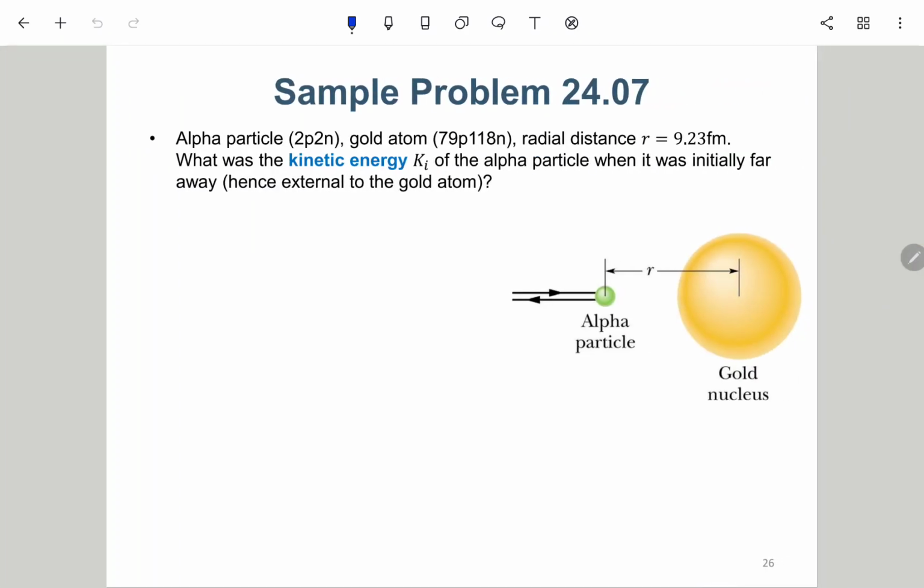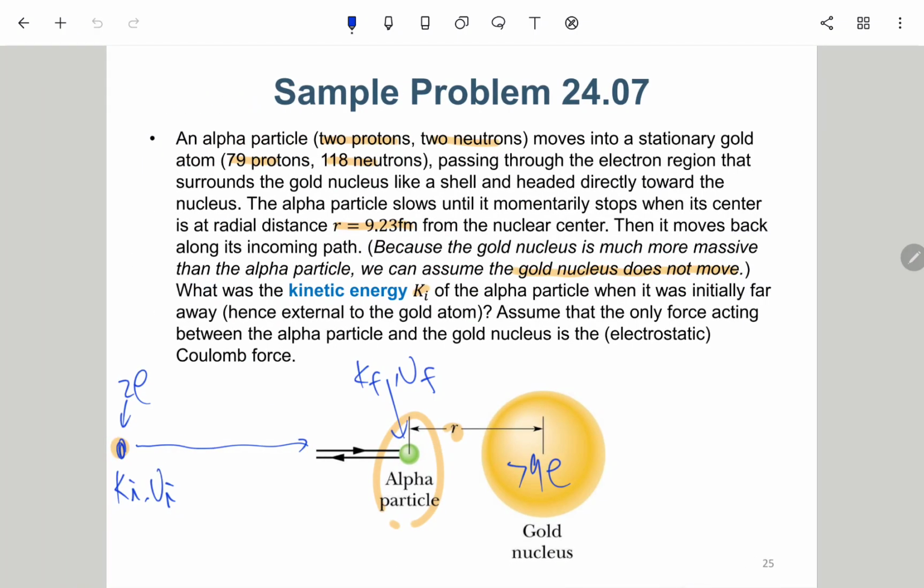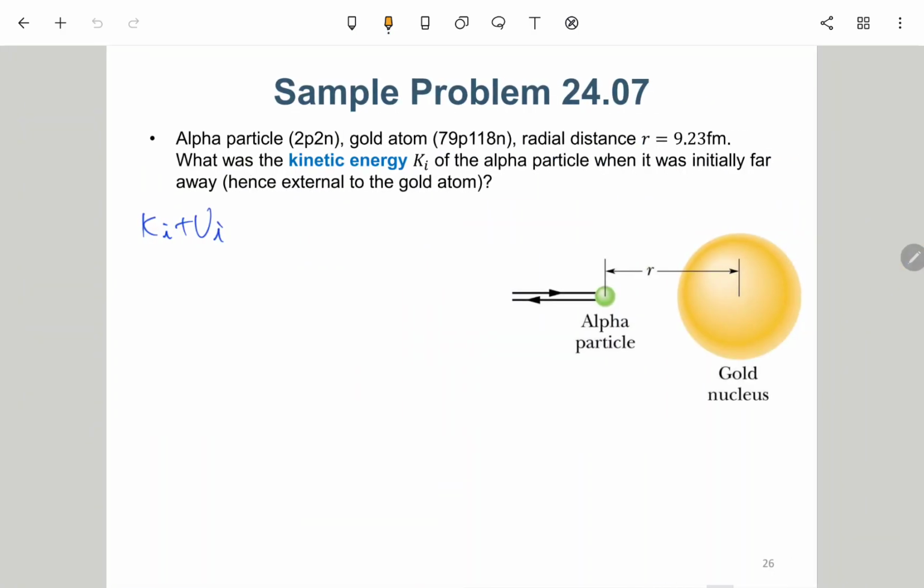Okay, so here we have the conservation of mechanical energy. The question tells you that we assume the only force acting on them is the Coulomb's force, so we don't have any other force to work on this system.